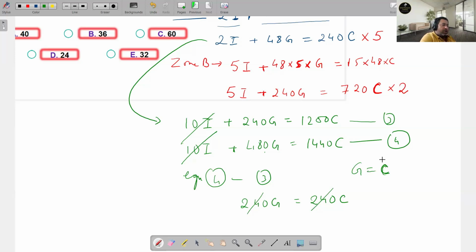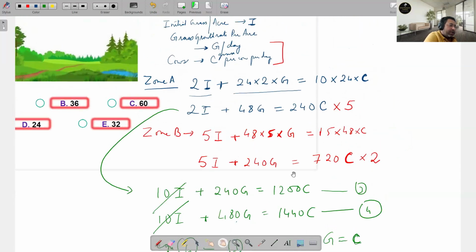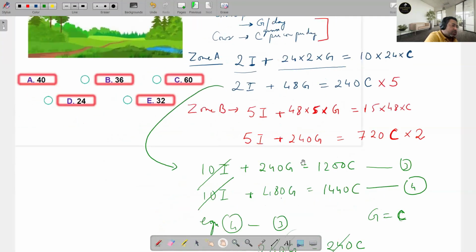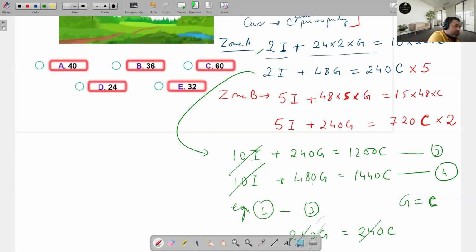And that helps us a lot. Now we are going to plug these values in to find the value of I. G is equal to C, so we take the first equation from zone A: 2I plus 48G.